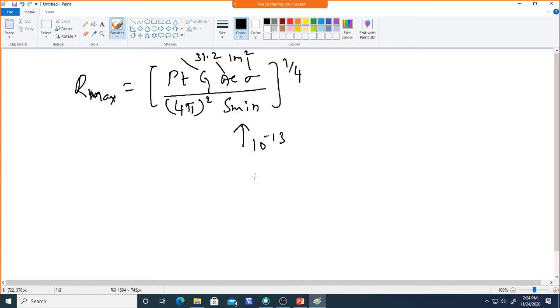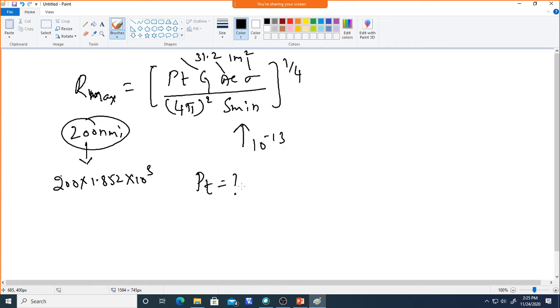Now the range is 200 nautical mile; convert this into meter. In terms of meter, you will get 200 into 1.852 into 10 power 3. So put this in and find out the transmitter power. Tell me the transmitter power.